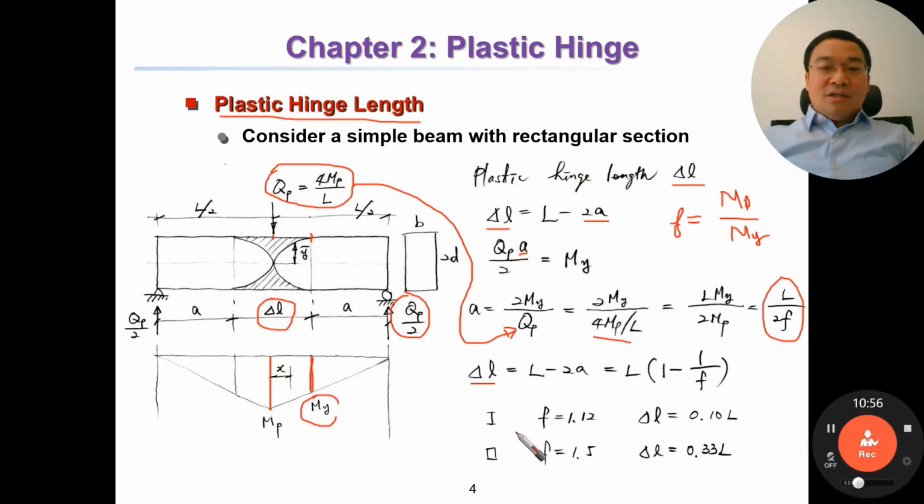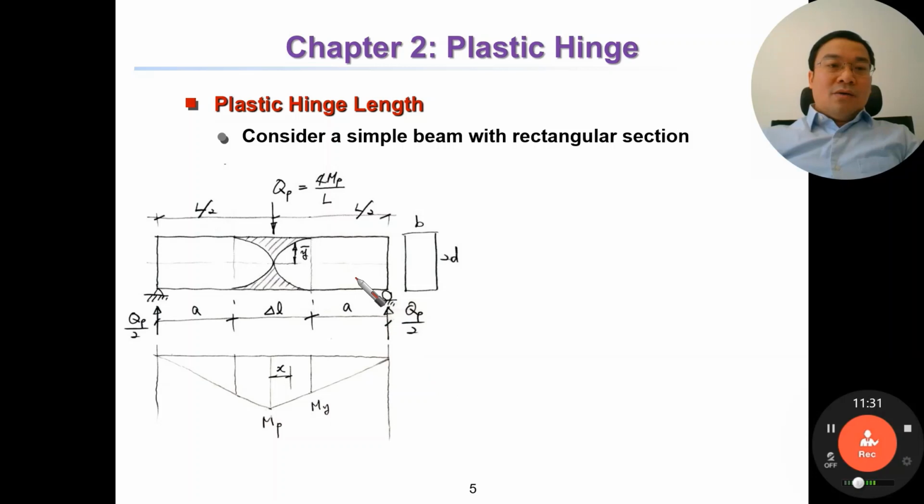For an I section, we have F equal to 1.12, so delta L equals 0.1 L. For a rectangular section, the shape factor is 1.5, then delta L equals 0.33 L. So we can determine delta L, the length of the plastic hinge.